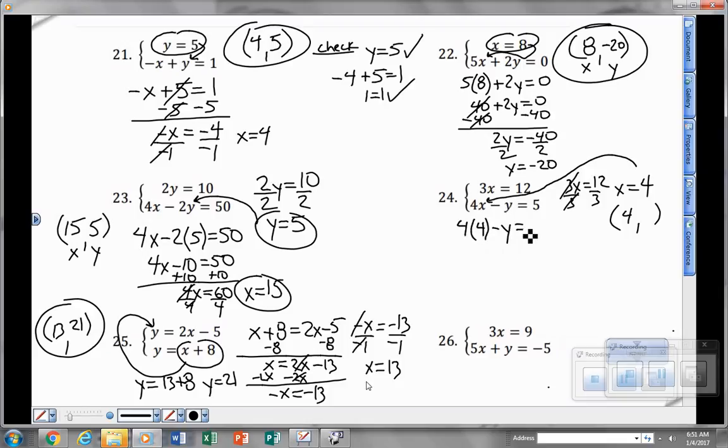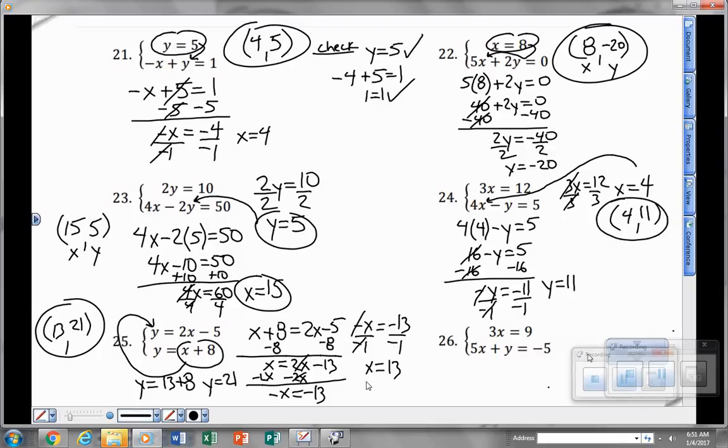Minus y equals 5. That'll give me 16 minus y equals 5. Need to subtract 16 on both sides. And then again right here, negative y is not considered solved. You need to divide both sides by negative 1 to get that y positive by itself. And that gives you y equals positive 11. And of course, you could check that if you plugged in x and y.